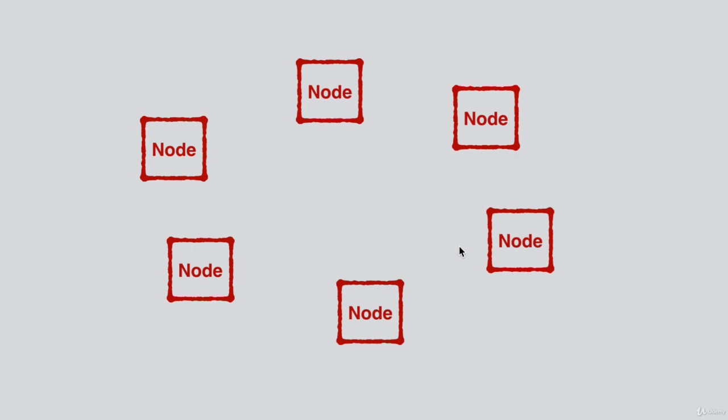The theory behind using this longest chain rule is that we should be able to trust the longest chain to have the correct data because the most work was put into creating that chain. The longest chain has the most blocks in it, and each of those blocks was mined by using a proof of work.